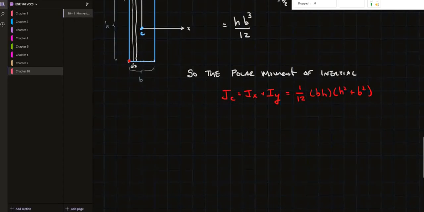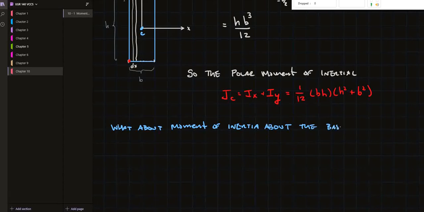Okay, so what about other moments of inertia? What about the moment of inertia about the base of our rectangle?